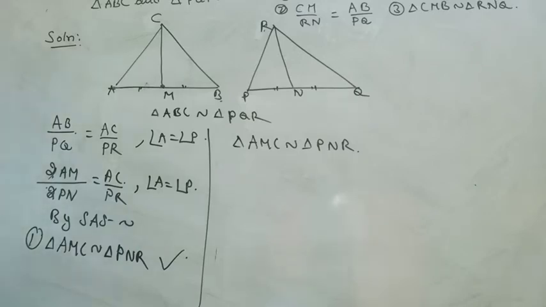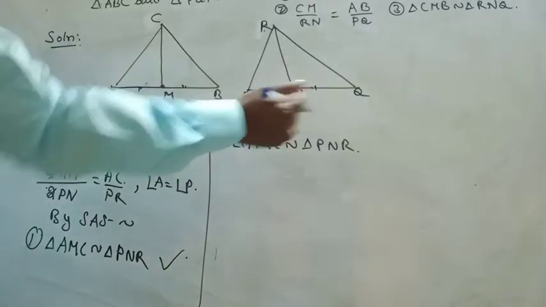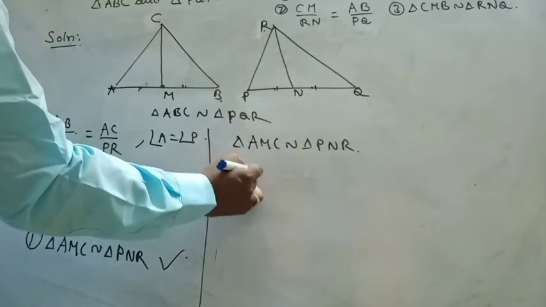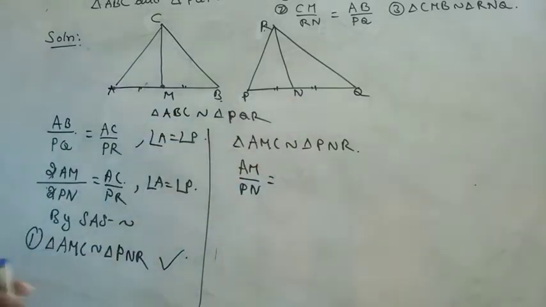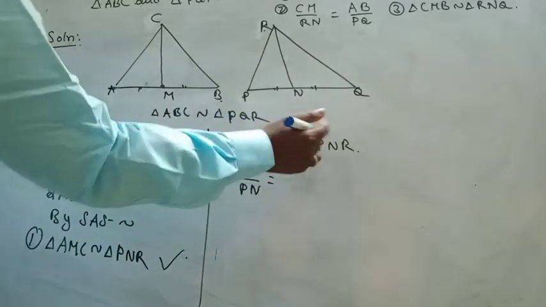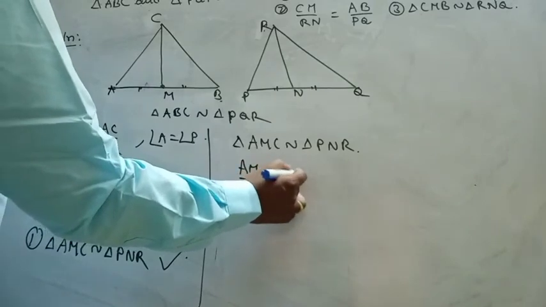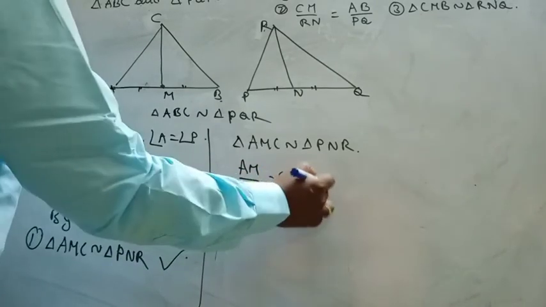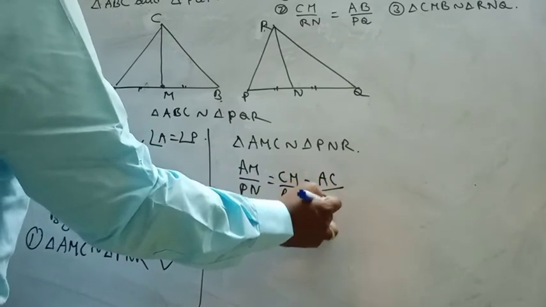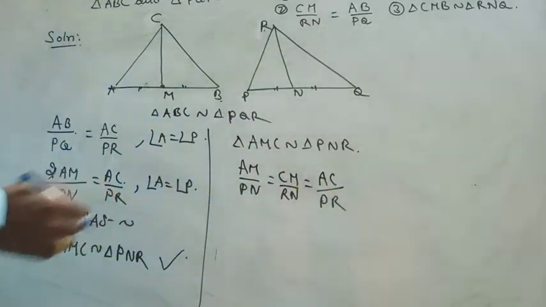That is obvious, because once this is true, what we know is AM by PN is equal to MC by NR, or CM by RN, and this is equal to AC by PR.